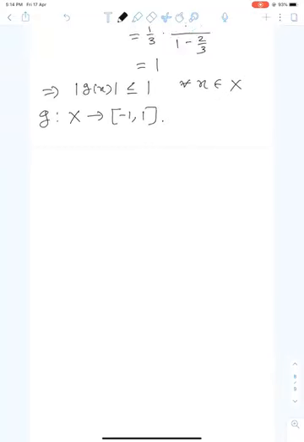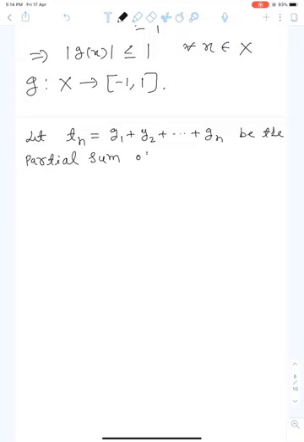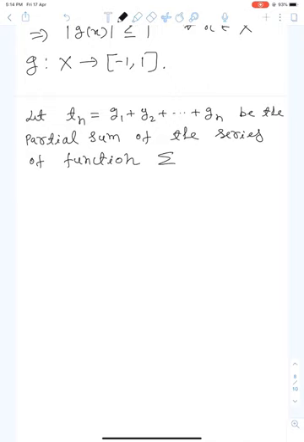Now again let T_n = g_1 + g_2 + ... + g_n be the partial sum of the series of functions summation n = 1 to infinity g_n(x), right?